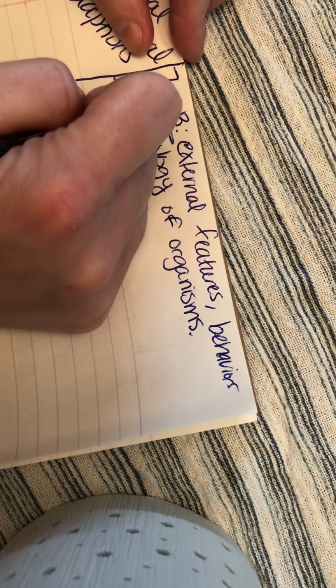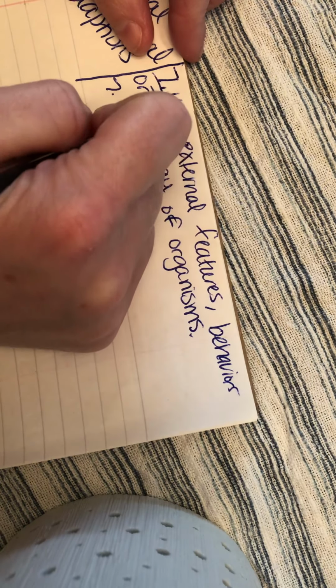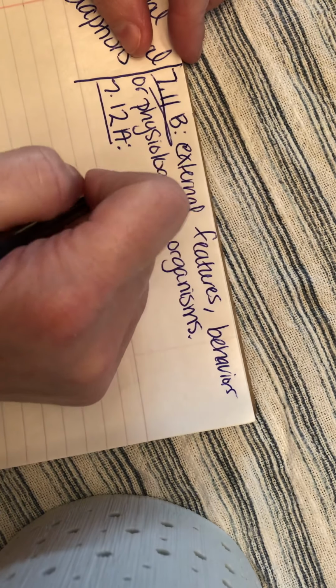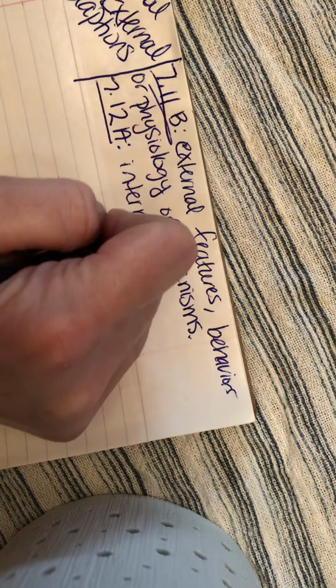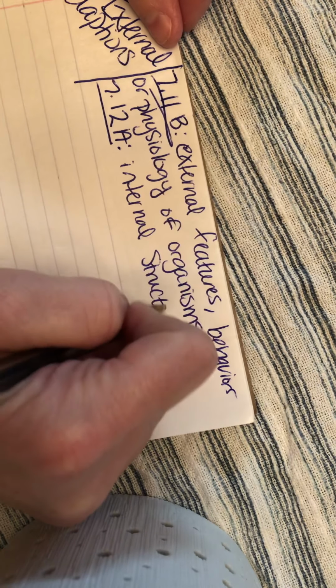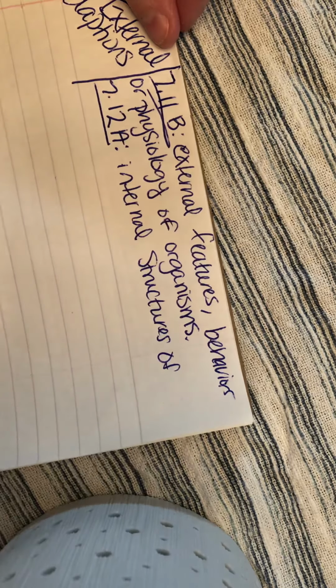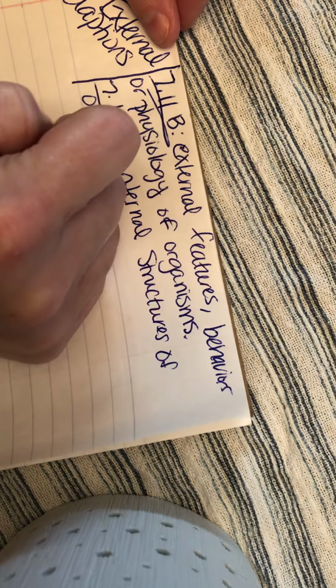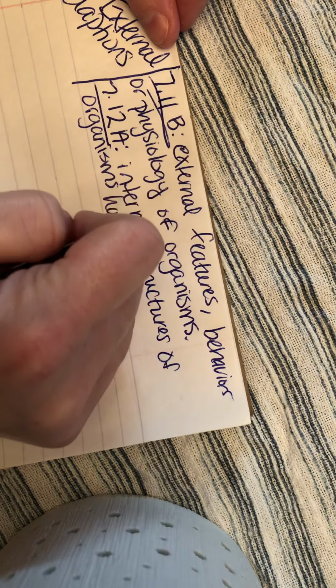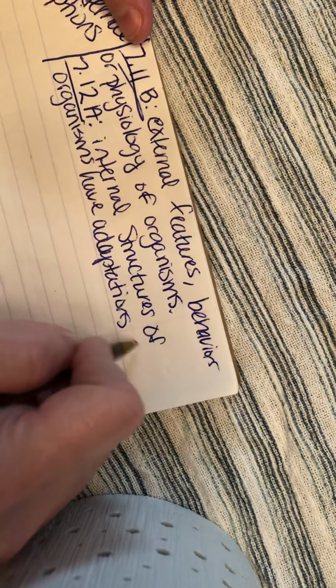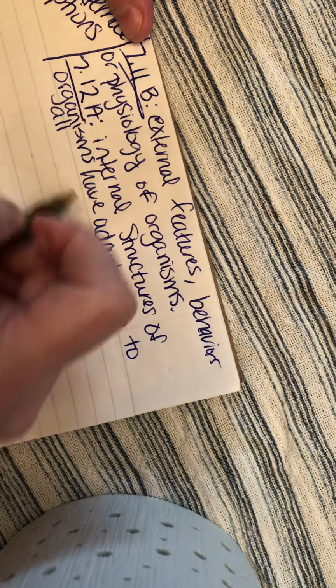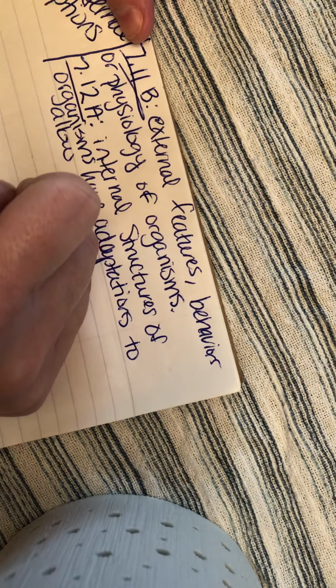Our other TEK that we're going to talk about today is 7.12. We will investigate and explain how internal structures of organisms have adaptations to allow functions.